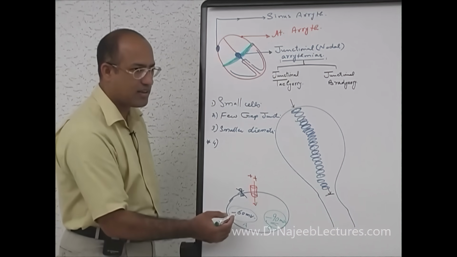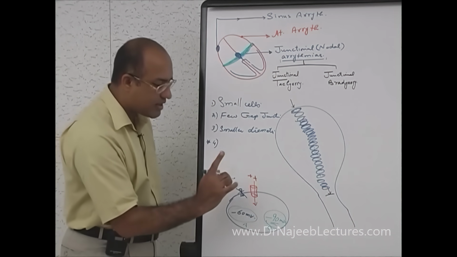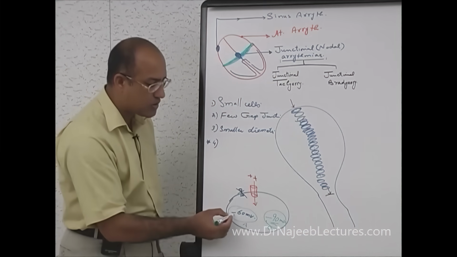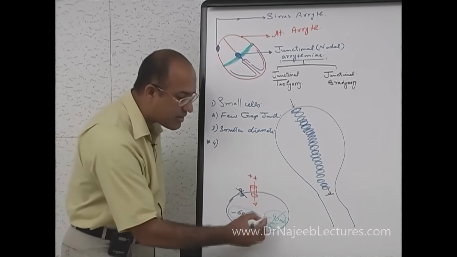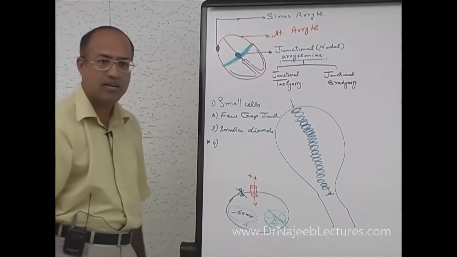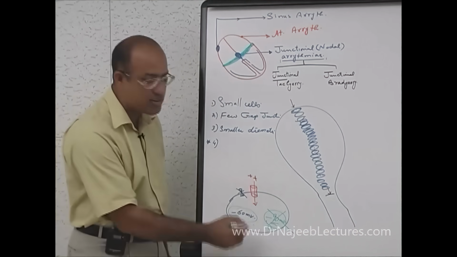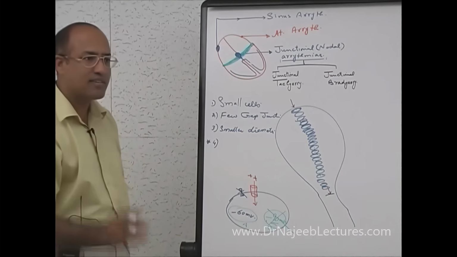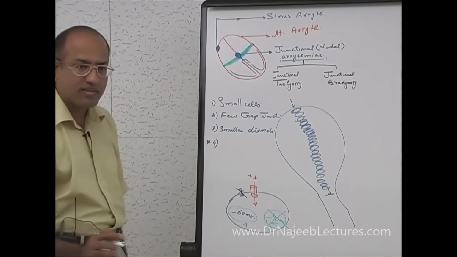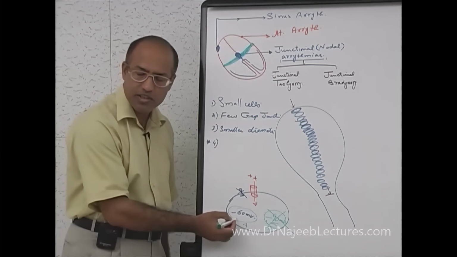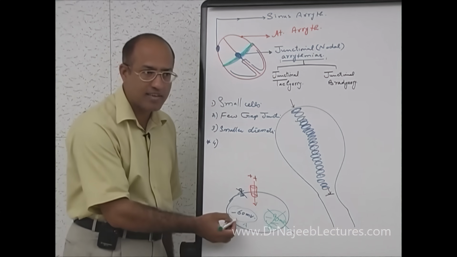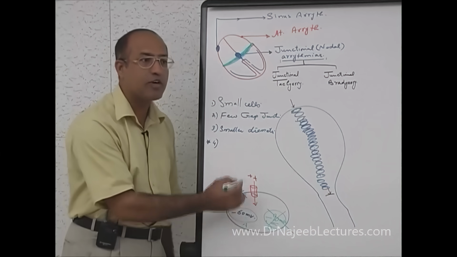And again, AV nodal cells have a resting membrane potential of minus 60, they do not have a resting membrane potential of minus 90, which means they cannot cause the fast influx of cations because the electronegativity in the AV nodal cell is less negative. So it attracts the cations slowly.